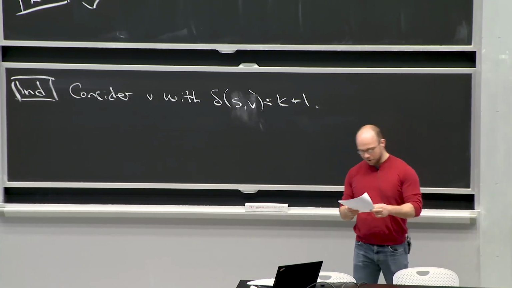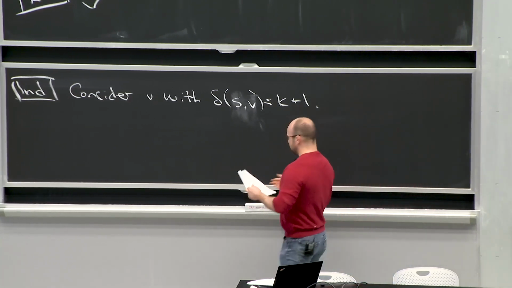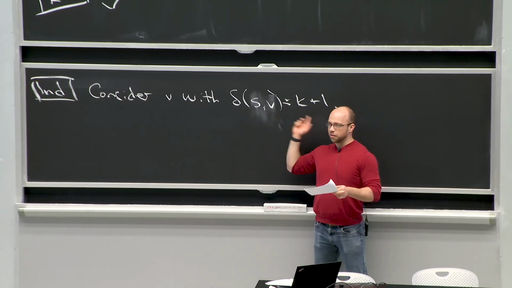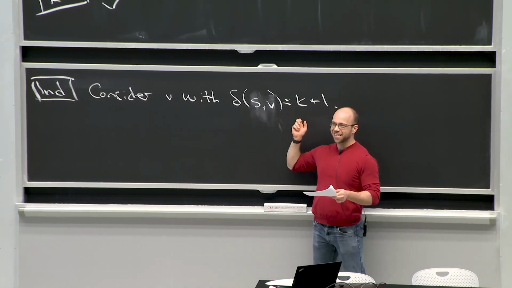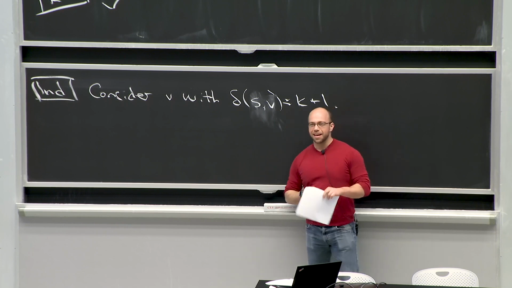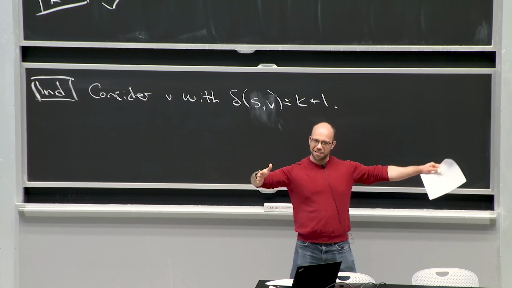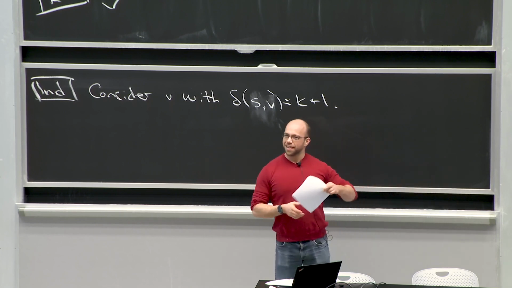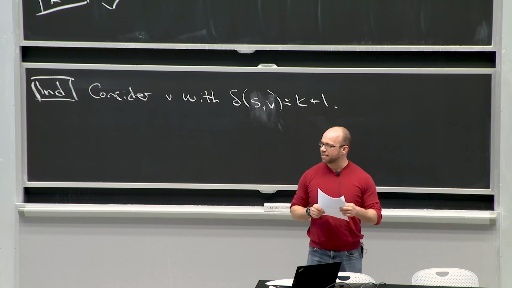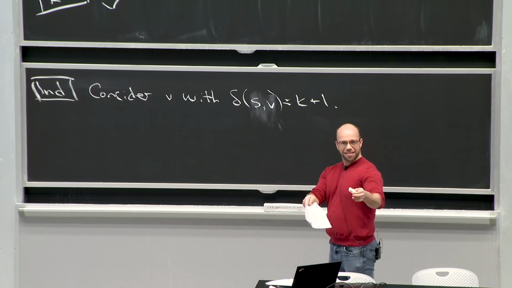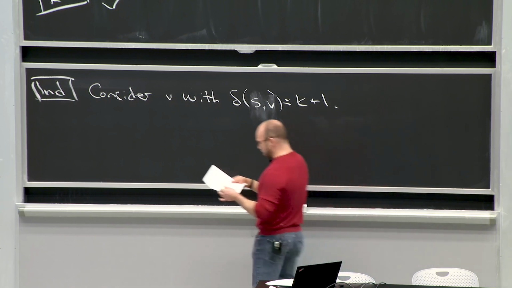Okay, so now what can we do? Well, this number is distance here, so in particular, there's some shortest path from S to V. Remember our argument last time, that when we look at a shortest path and truncate by 1, it's still a shortest path. That property doesn't matter so much here, but at least we know that there's another vertex on the path which is distance 1 less away.